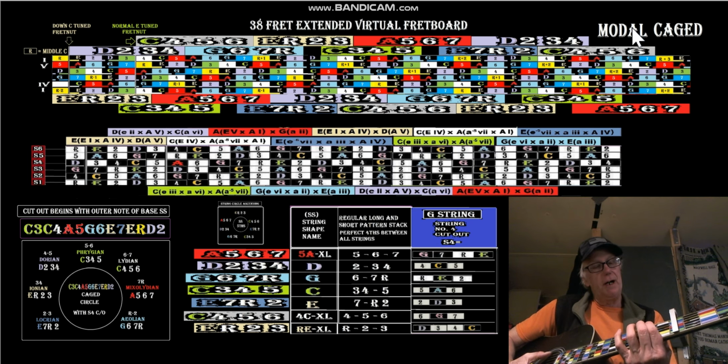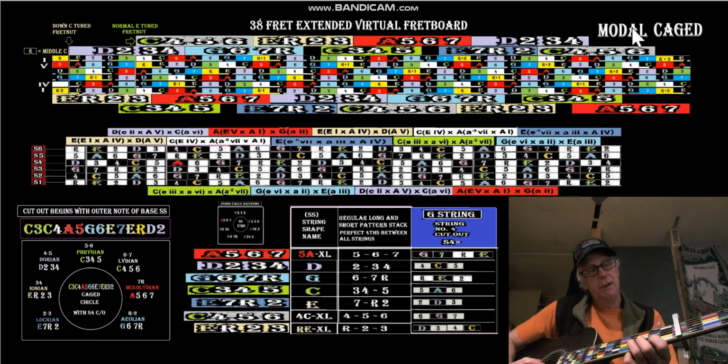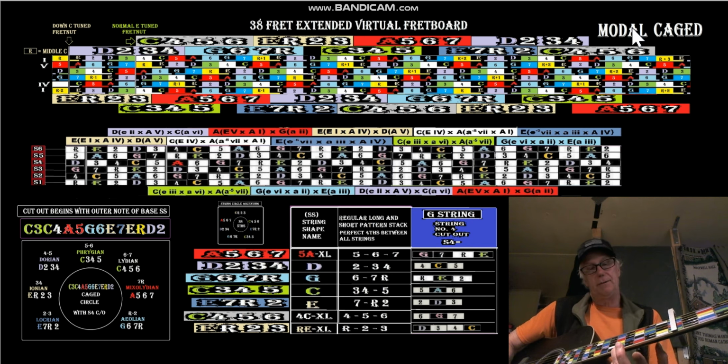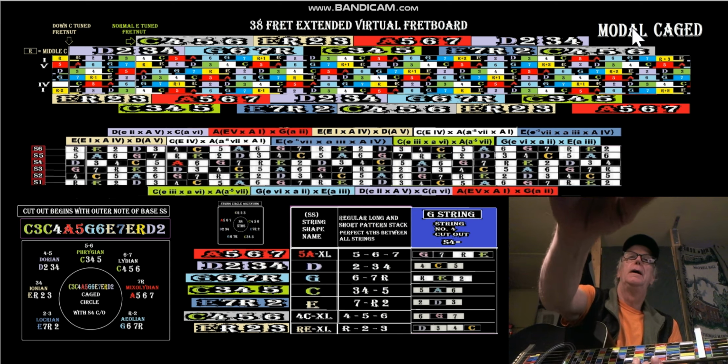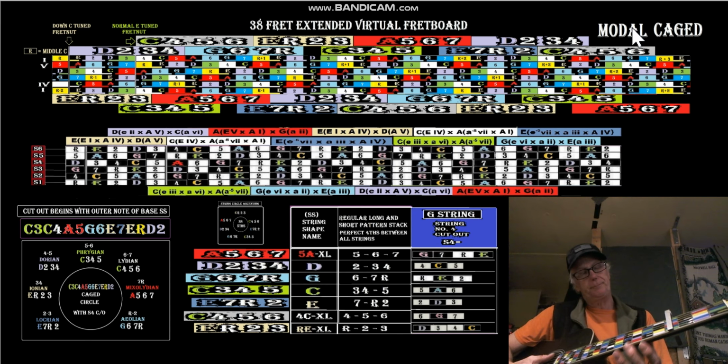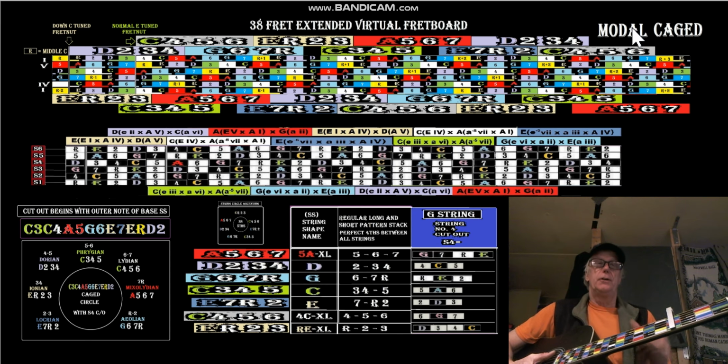We'll start here. 5, 6, 7, root, 2, 3, 4, 5, 6, 7, root, 2, 3, 4, 5, and 6, 7. What's that? An A. So that's the long pattern for A in CAGED.